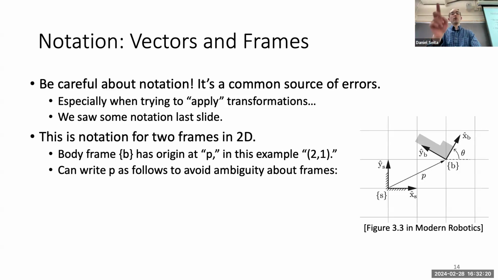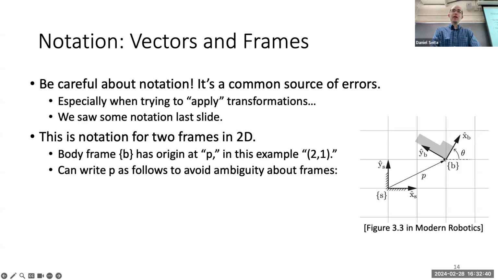So if you're talking about frames in 2D, this is how you might describe the notation. The body frame is B here. This shaded area represents some arbitrary 2D object in space.